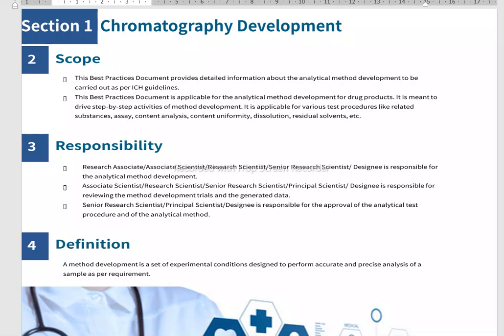It is meant to drive step by step activities of method development. Okay friends, it is applicable for various test procedures like related substance, assay, content analysis, content uniformity, resolution, residual solvent, etc.